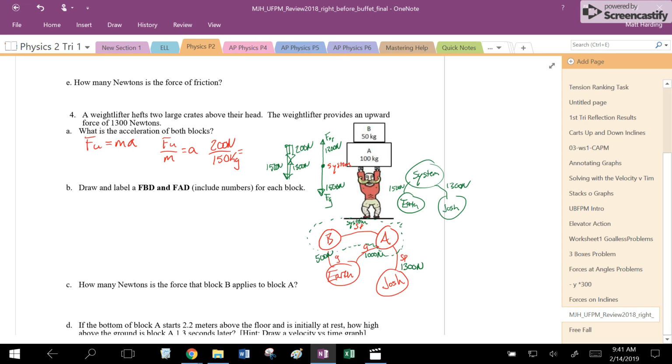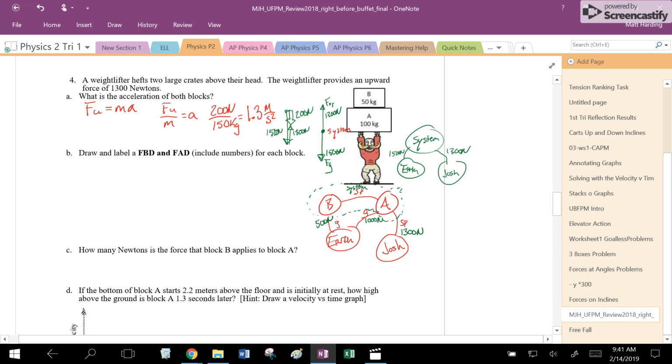And what do we get there for an acceleration? Who's got a calculator handy for me? 1.3? Good enough? So dimensionally, my friends, it's newtons over kilograms, but that's the same as meters per second squared.